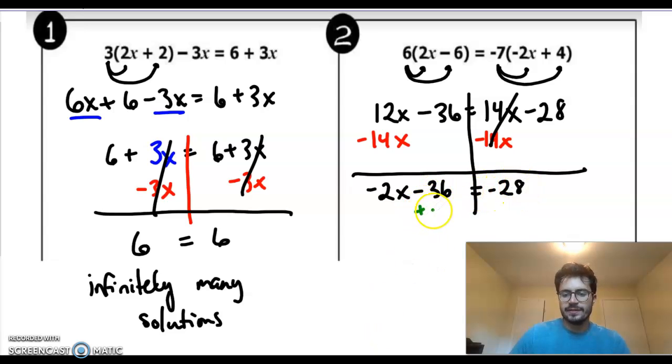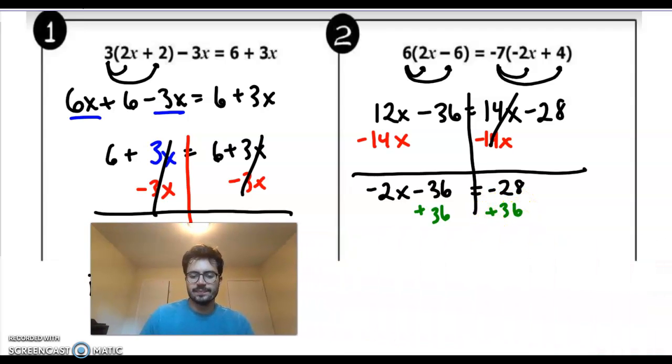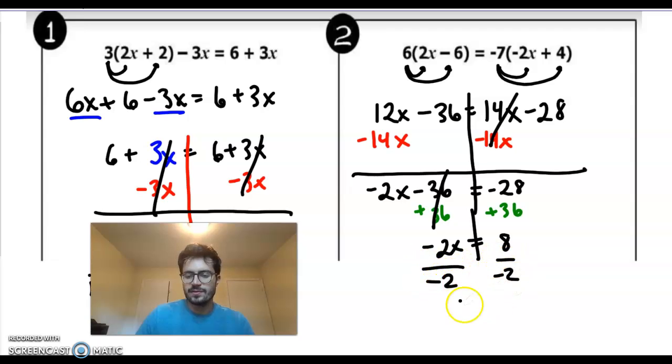And I'm going to add 36 to both sides. I get 8 equals negative 2x. And I'm going to divide by negative 2. X equals negative 4. This is just one solution.